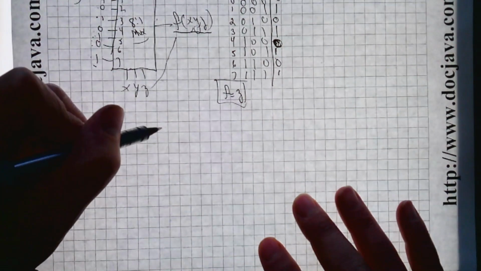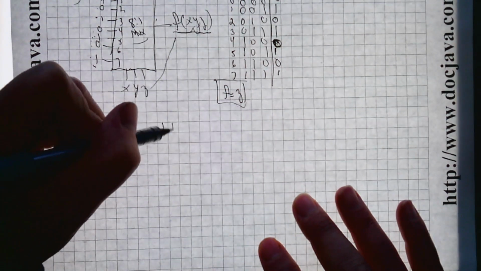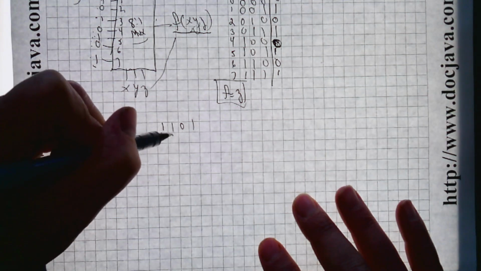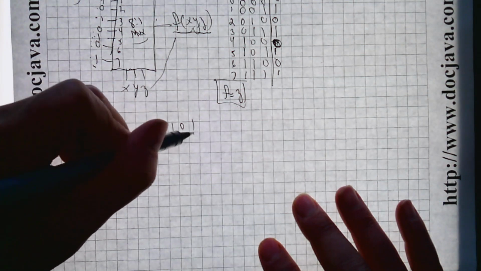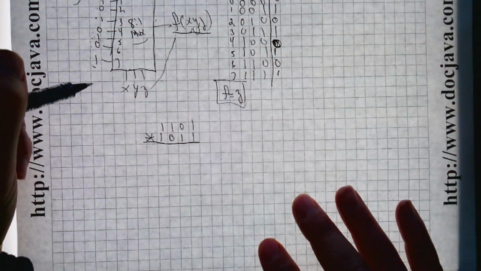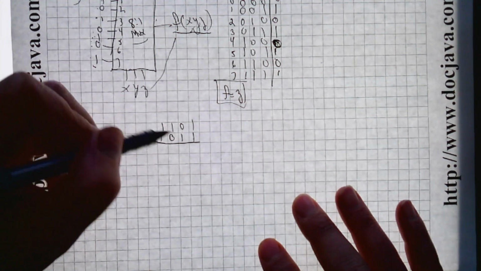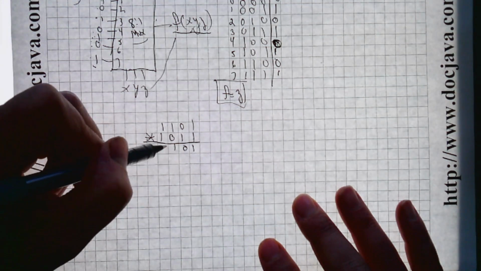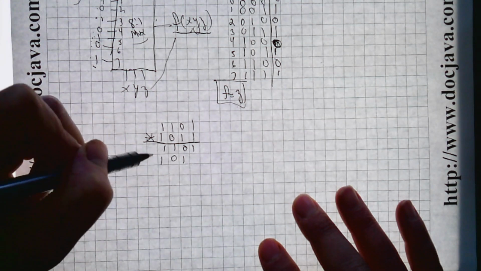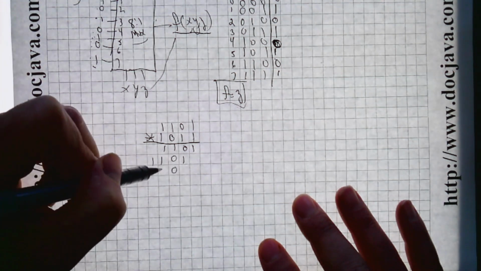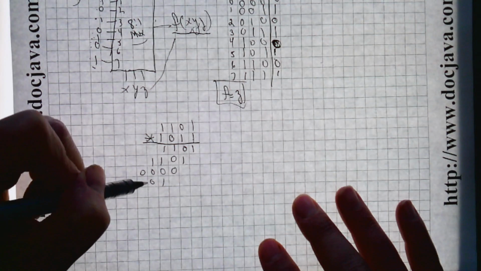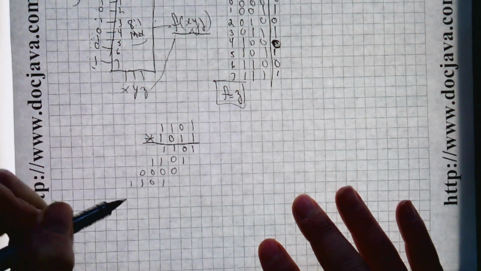Could try a few of them, but let's try this. 1101 times 1011. So that's 1 times all of that is 1011, 1011, 000, 1011.